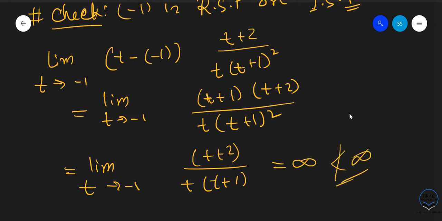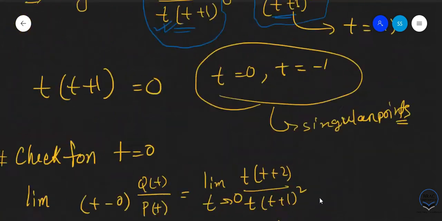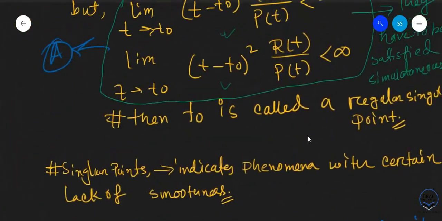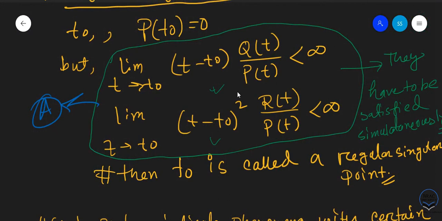So even if one of the two conditions you saw in expression A is violated, and let me get back to that and make an important comment, the point is not a regular singular point. You are checking these two conditions, and if one of them is getting violated, that's it. That's not a regular singular point. To be a regular singular point, both of them have to be satisfied.